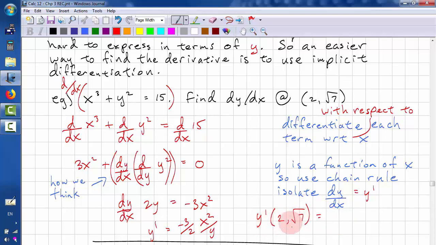It can actually have more than 2 parameters. So we have minus 3 times 2 squared over 2 root 7. One of the 2's cancels out. So we have negative 6 over root 7. And if you want to rationalize that, we would have negative 6 root 7 over 7.